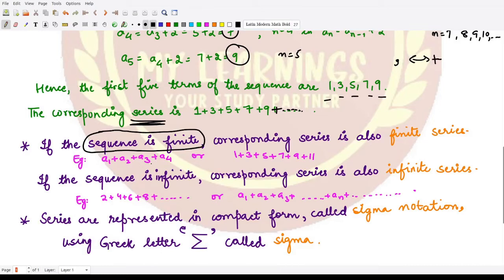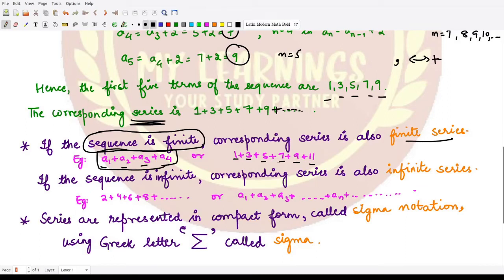So for a finite series, we have a1 plus a2 plus a3 plus a4. This is one of the examples in which we have a finite number of terms. It has 4 terms and all of them are being added to each other. So therefore this is a finite series.